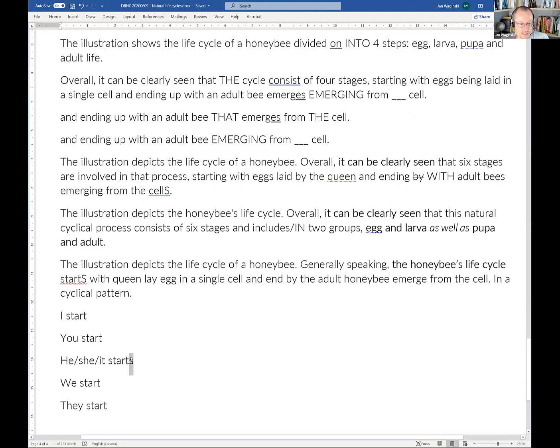And this is the single most common mistake by English language learners: not putting this s on. There's no thinking involved, you just have to memorize it. So in case of he, she, it, we put s. Always, always, always. It doesn't mean it's plural, it's not possessive, it's just the ending when it's he, she, it.